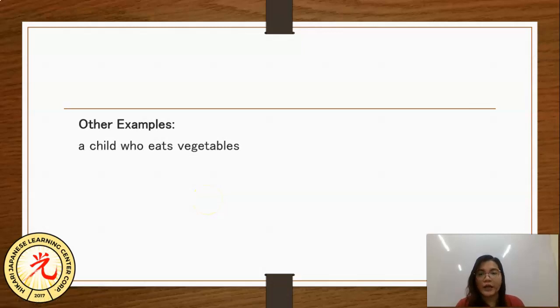Here, a child who eats vegetables. Our verb here is eat, which in plain form is taberu. So in Japanese, yasai o taberu kodomo.